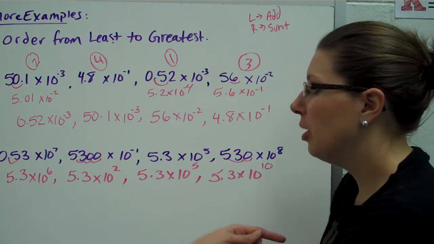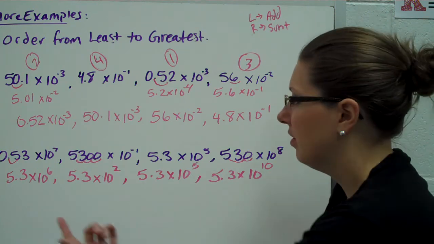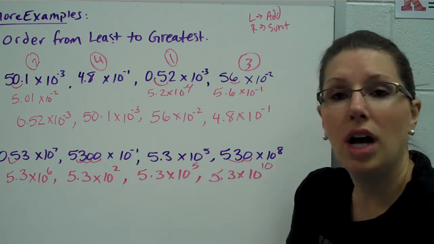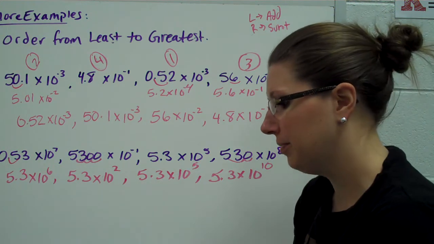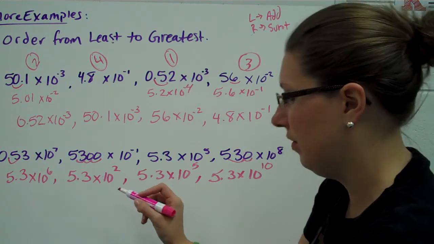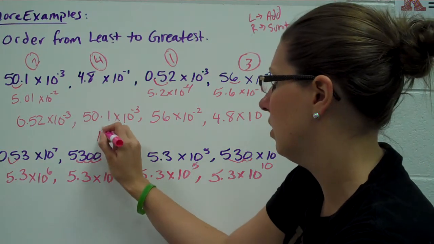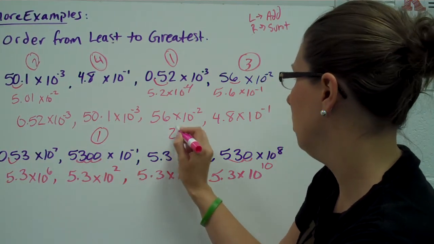All right, looks like all of our numbers start with 5.3. So we're really just concentrating on the exponents. Let's put them in order based off the powers. Smallest comes first.